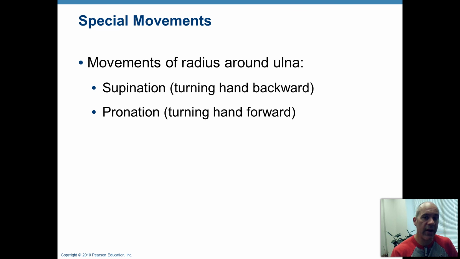If you're into exercise science and you talk about chin-ups versus pull-ups where you grab the bar overhanded, those are said to be your forearms are in the pronated position. Or if you do chin-ups where you grab a bar underhanded like that, your forearms are said to be in a supinated position.